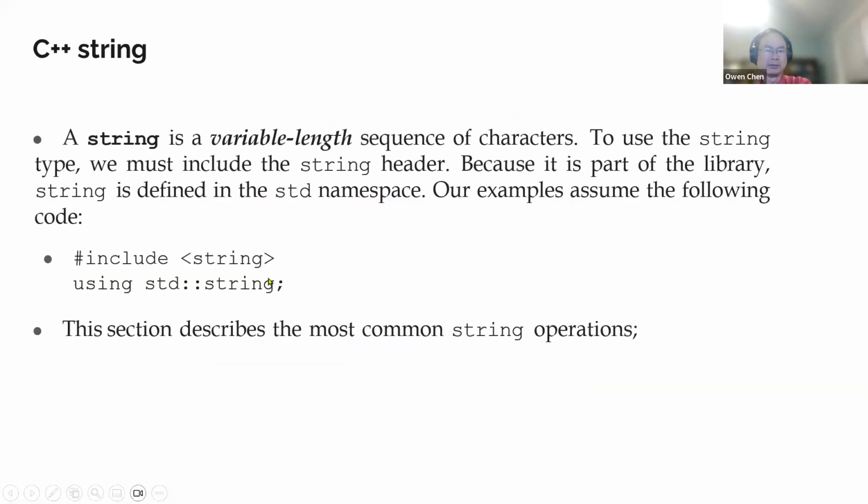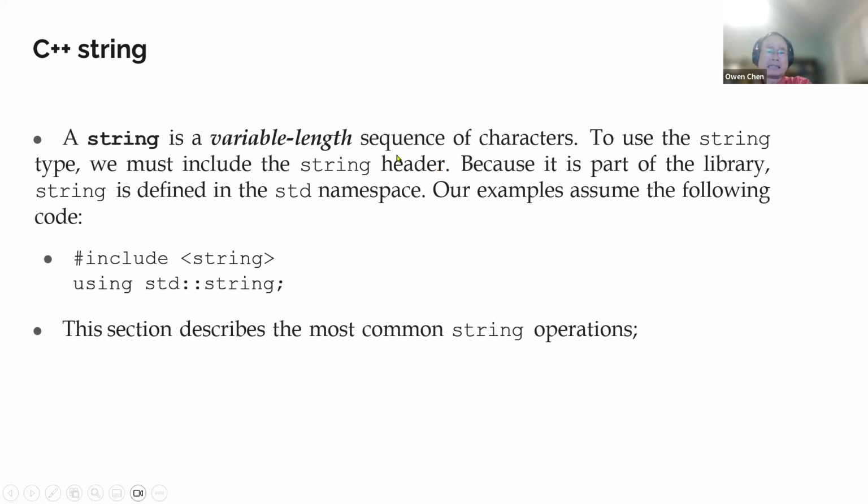So you just need to include the header string and then either use std::string, or you can use using namespace std, then you can remove this std:: and just use string. That's more typical when string is just everywhere, right? You don't have to use the std:: prefix.